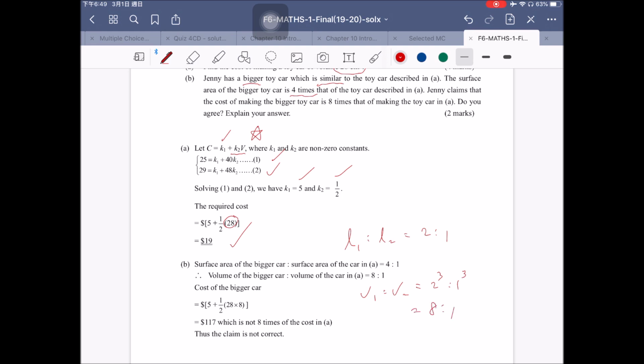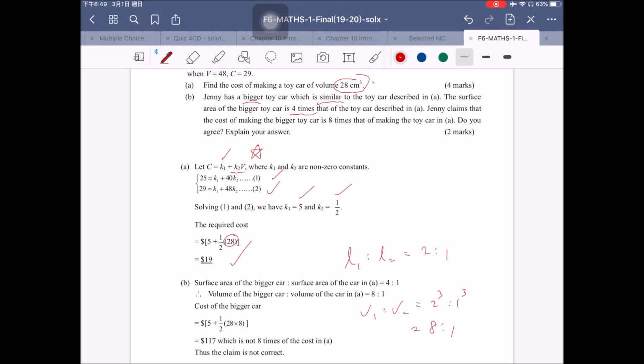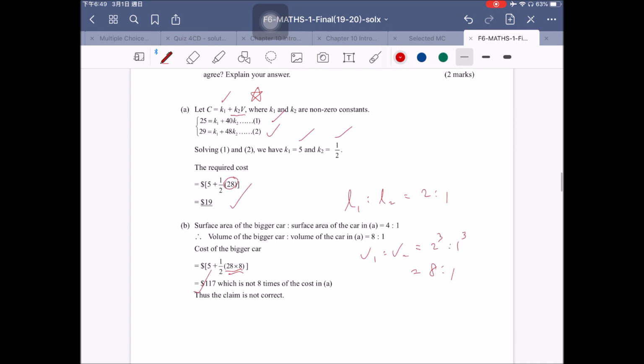Okay, the volume is 8 to 1. So the volume becomes 8 times. Okay, you find out the cost is 117, which is not equal to 19 times 8. Okay, so again the claim is not correct.